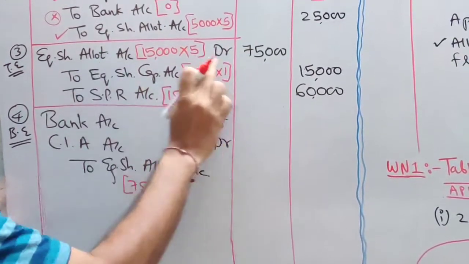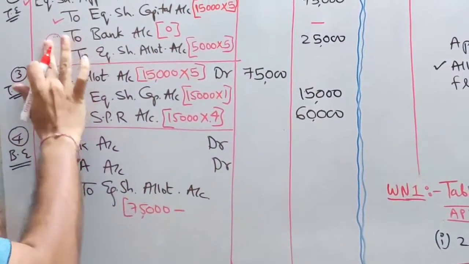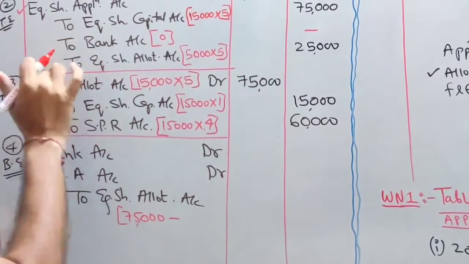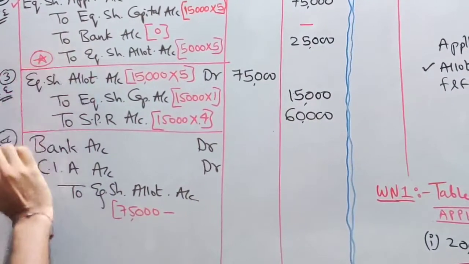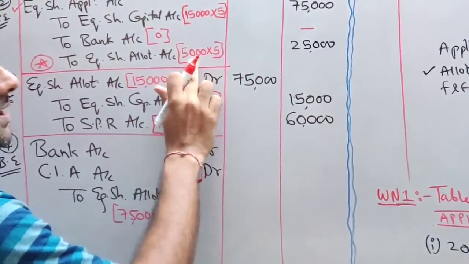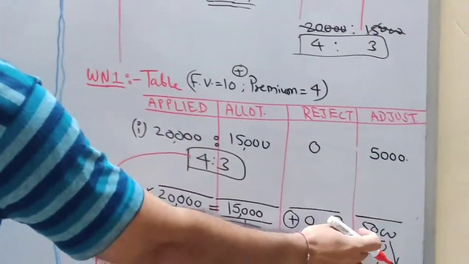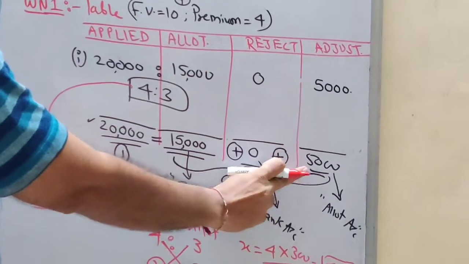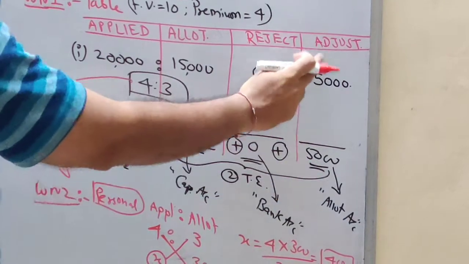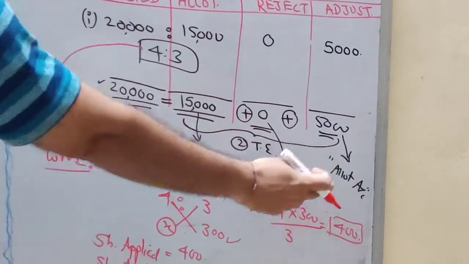And from this allotment, how much do you have to adjust? See, I am putting a star over here. This is what you are supposed to adjust, right? 5,000 shares. You can check the table. Adjusted. Total of adjusted is 5,000. Where are you going to adjust these 5,000 shares? Against the allotment account. See, I have written already. Check here.